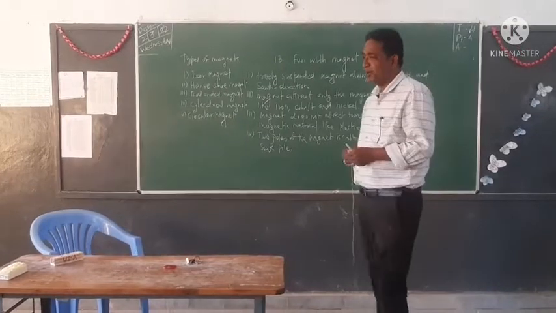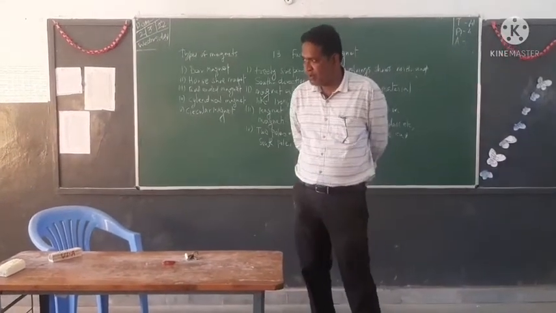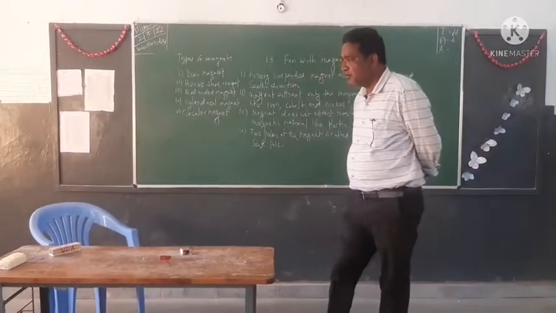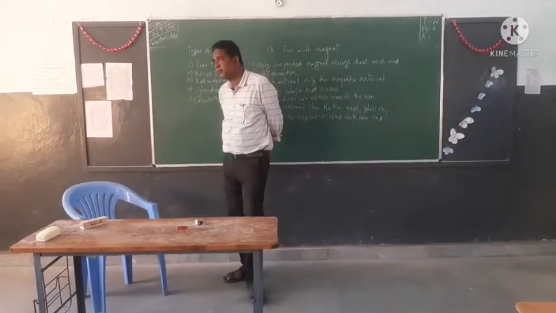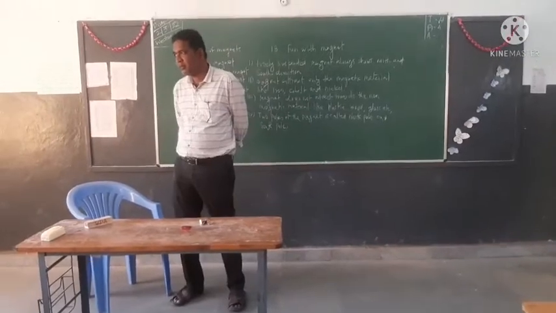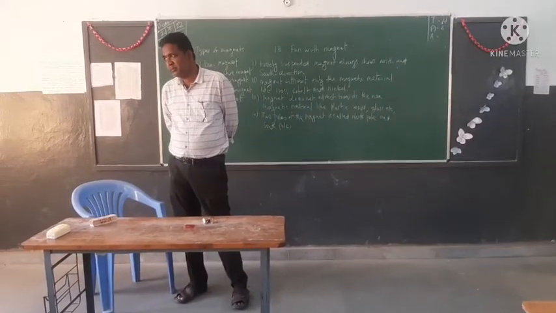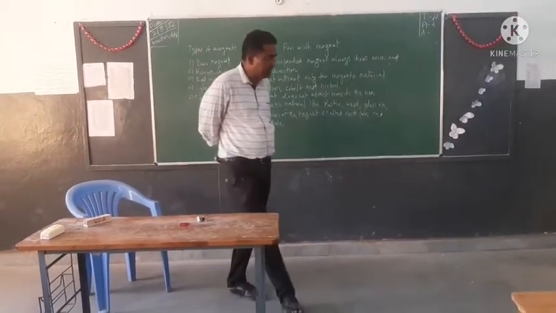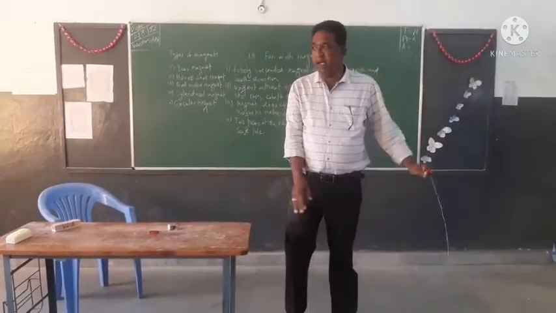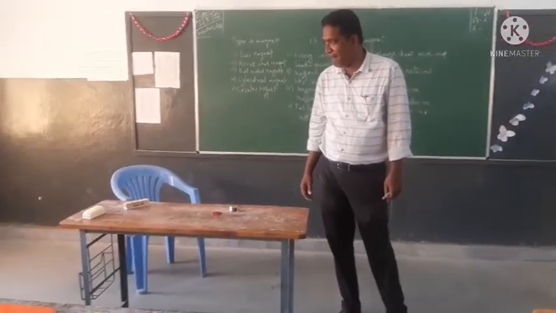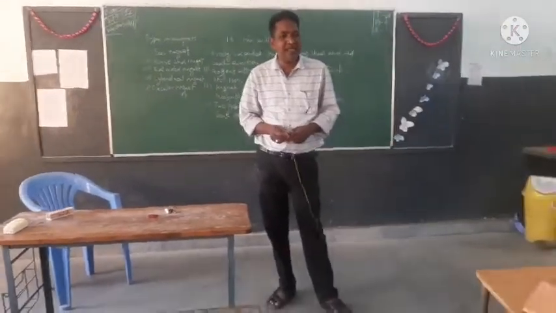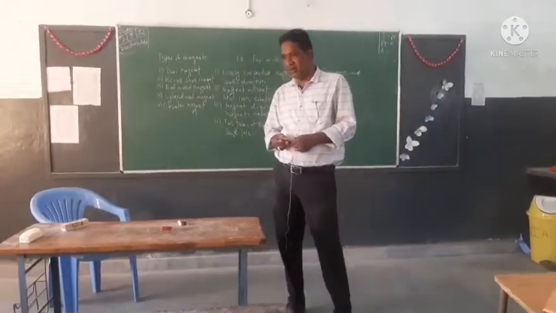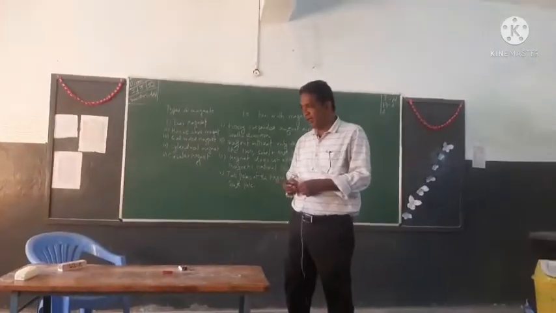When it is thrown from a height, when it is burned on a flame, when it is kept in contact for a long period of time, and when it is kept near electronic devices like TV, computer and mobile. Okay? Yes. Understood? Yes, sir.